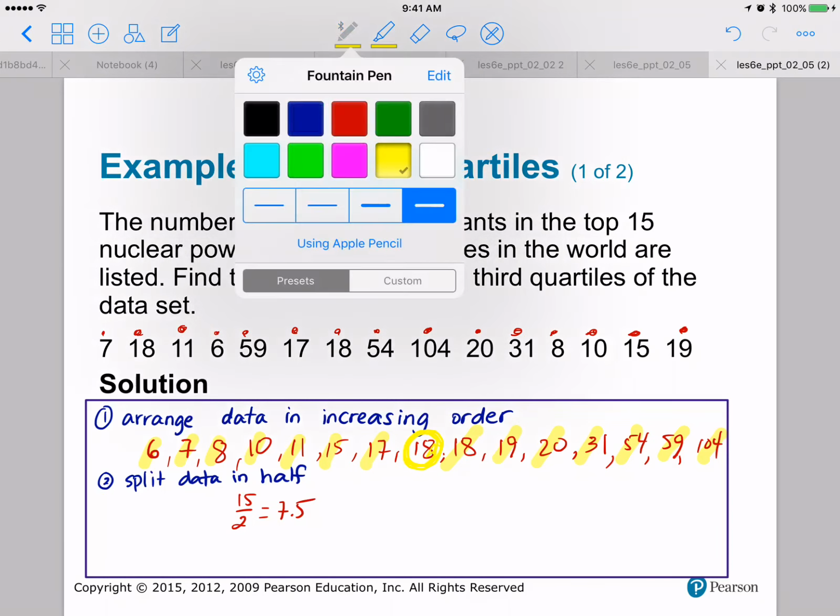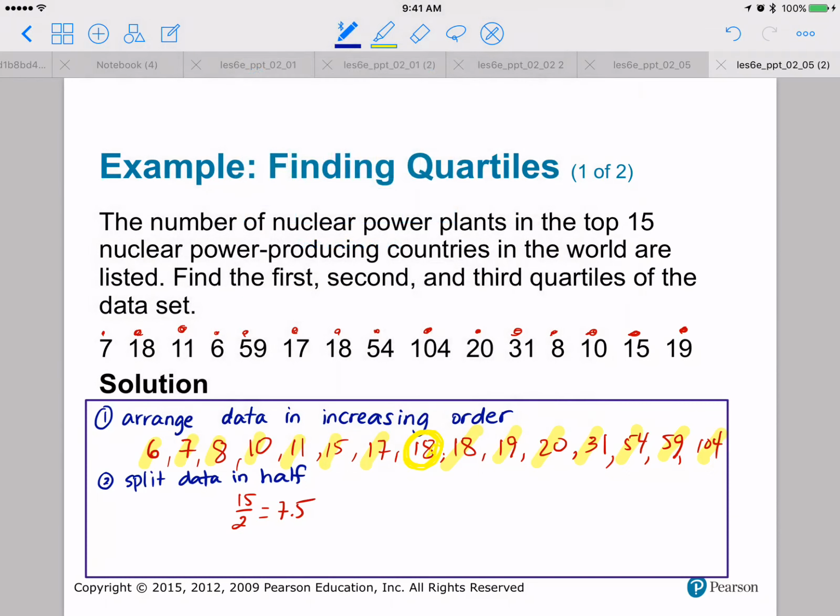So I've split the data in half. Notice half of the data is below 18. Half of the data is above 18.